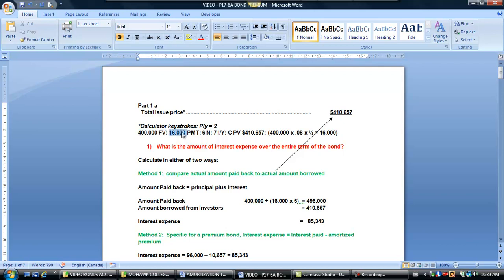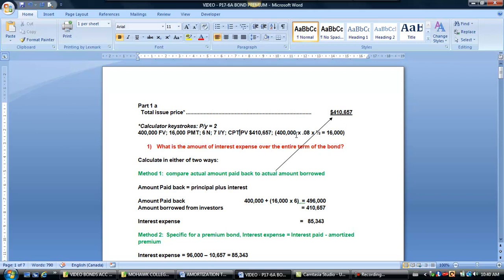I had to calculate my payment, and I did so by using my coupon rate and multiplying that coupon rate by a half because my bond pays interest semi-annually, and multiplying all that by the principal or face value to get $16,000 as my semi-annual payment. I know I'm making that payment 6 times over the 3-year period because the bond pays semi-annually, and I know that my annual market rate is 7%. So when I compute PV, I would get $410,657.